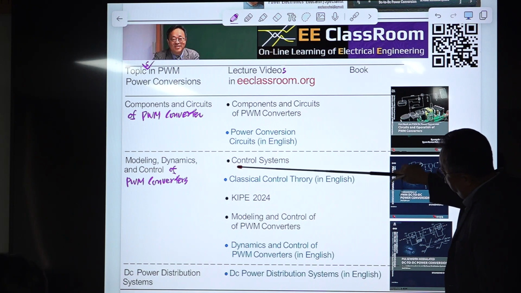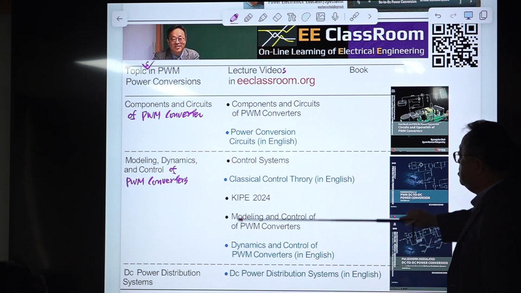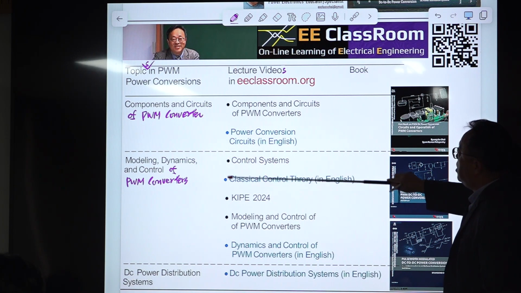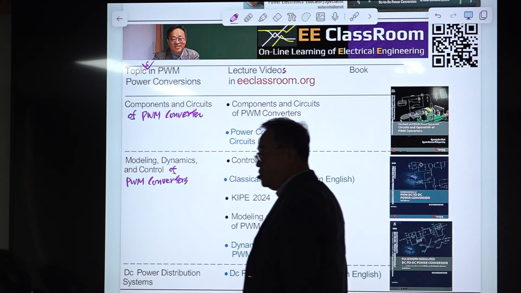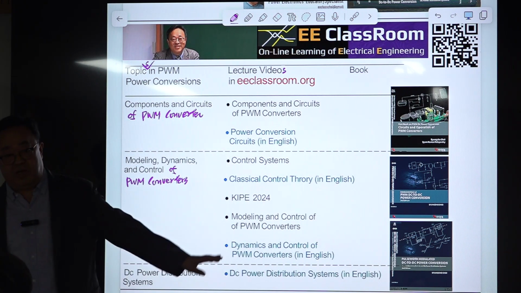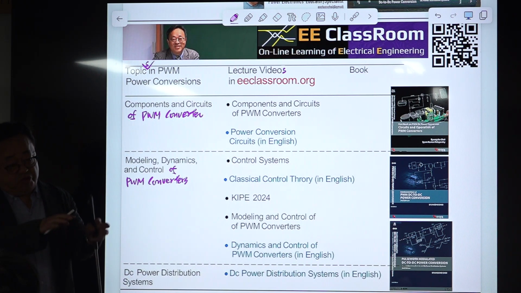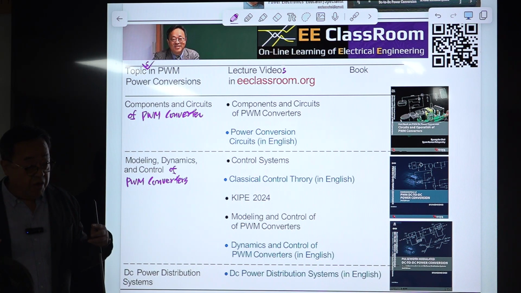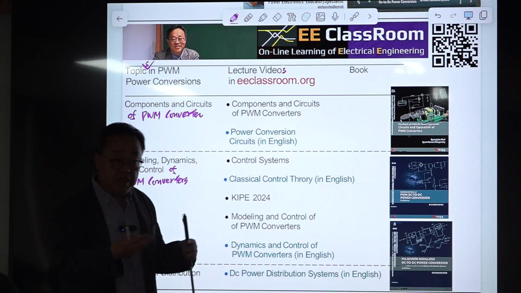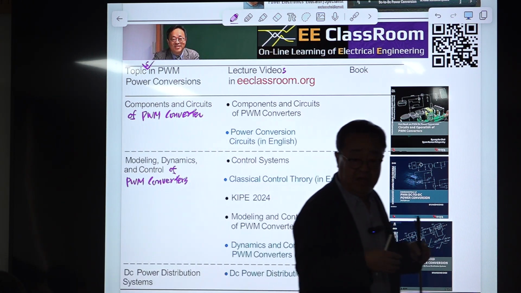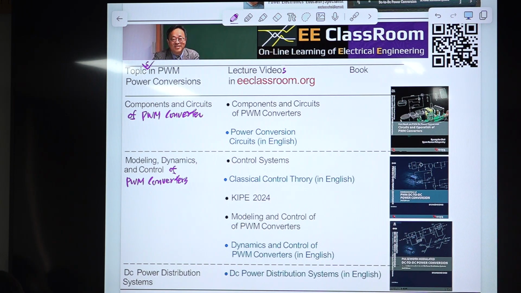Okay, the lecture videos of this course are in English and in Korean. Okay, and this is the last one, DC power distribution systems. So I'm talking about a bunch of DC to DC converters connected together for one particular application. For example, a data center requires all DC power, and maybe 100,000 converters are all interconnected in parallel and in series, with some filter stage in between.